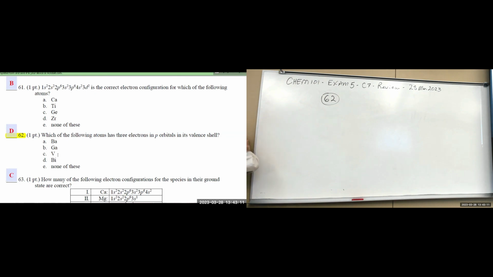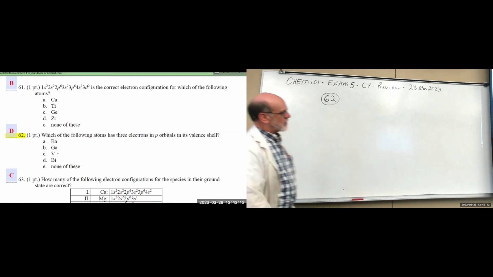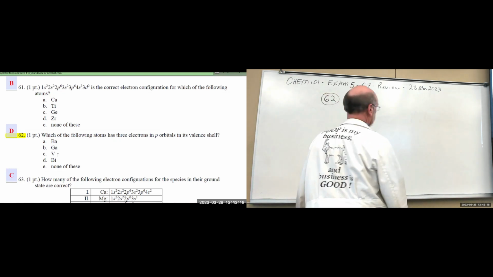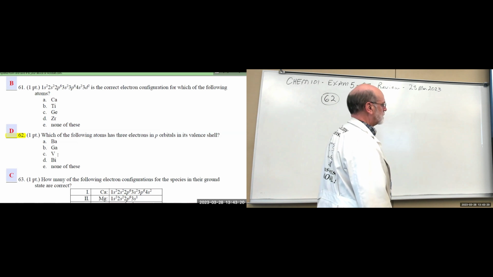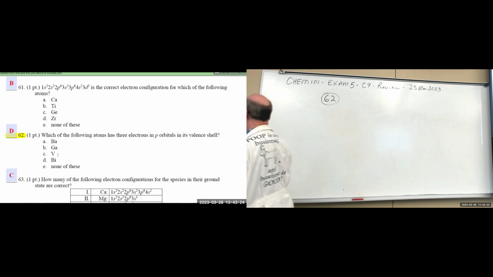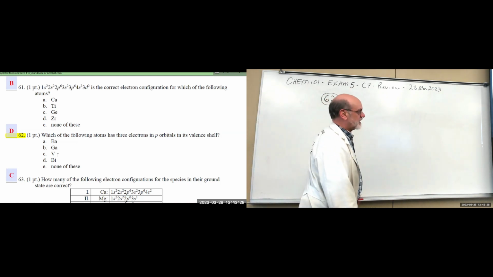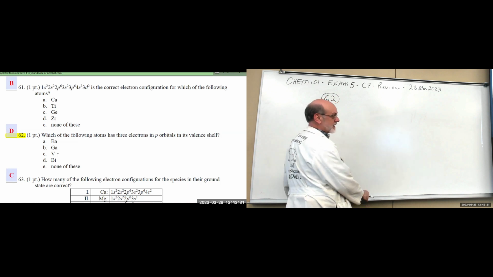It's got to be one of these. Nitrogen, phosphorus, arsenic, or antimony. Oh, bismuth? Oh, I didn't go down far enough. Bismuth. Yeah, bismuth has 3 electrons in its p valence shell.